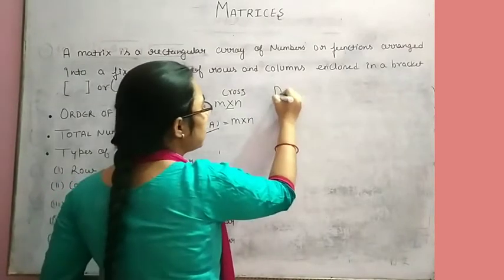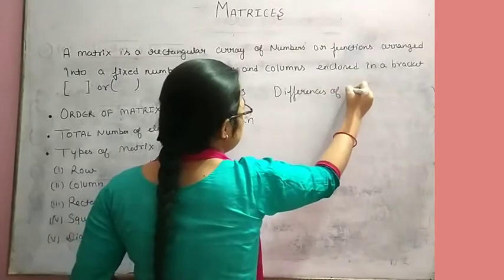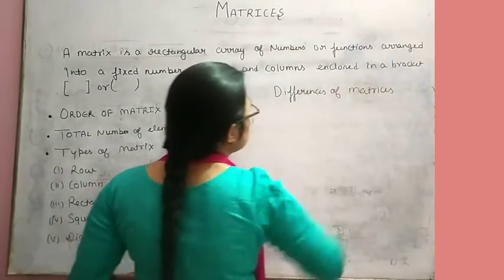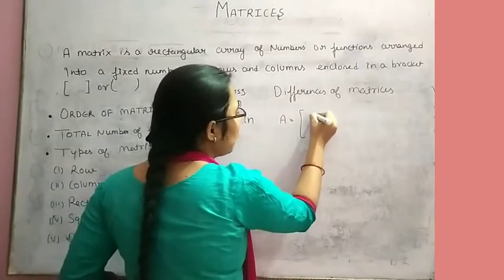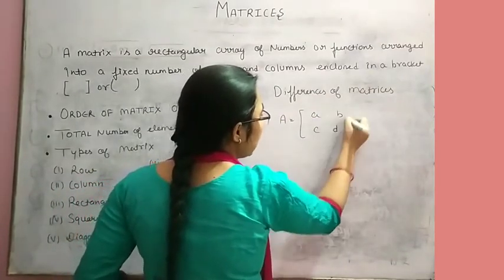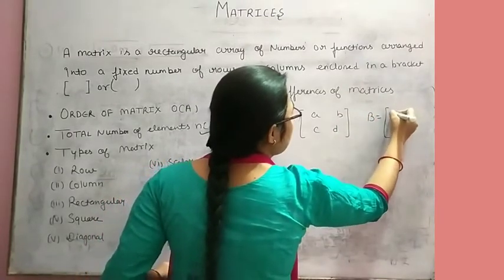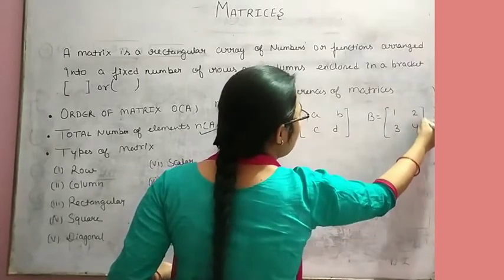Differences of matrices. Suppose we have two matrices. A is A, B, C, D and B is 1, 2, 3, 4.